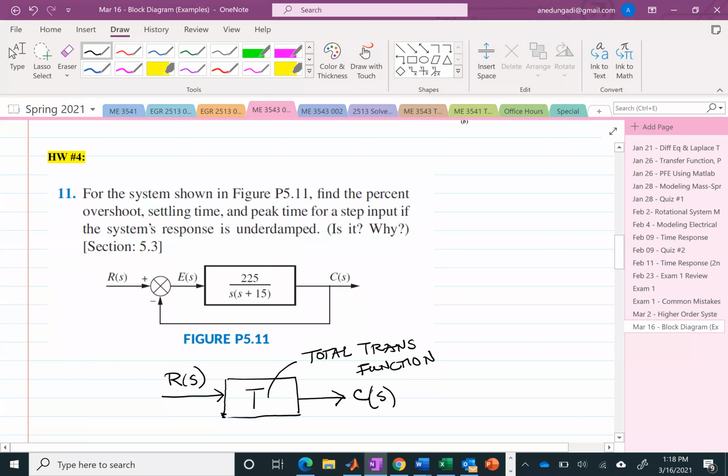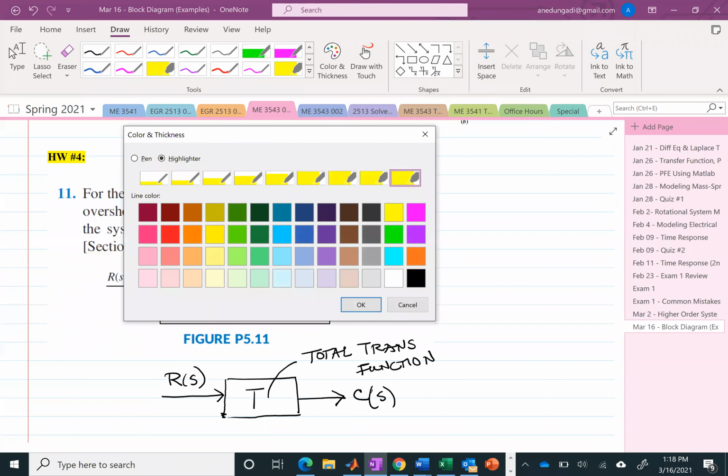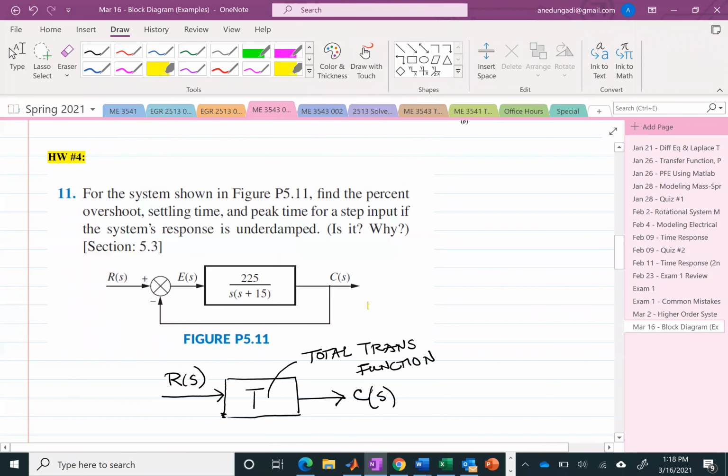So what is this? Out of the three forms, you only have three forms, right? Cascade, parallel, and feedback. Which of the three forms is it? Exactly. It's the feedback form, right?